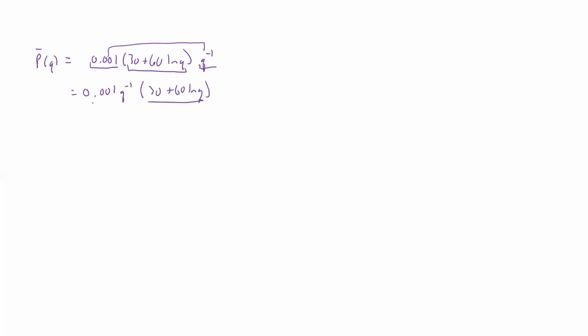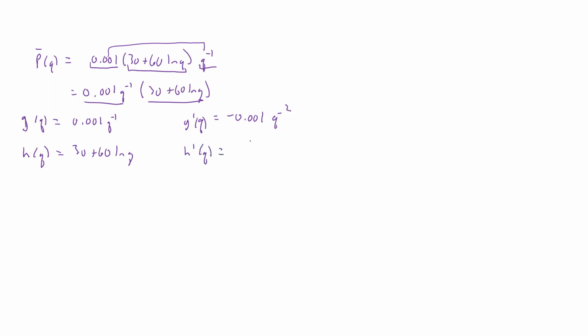So now we can say our g of Q is equal to 0.001 Q to the negative 1, and our h of Q is equal to 30 plus 60 ln of Q. So our g prime of Q is equal to negative 0.001 Q to the negative 2, and our h prime of Q is equal to 60 over Q. Okay.